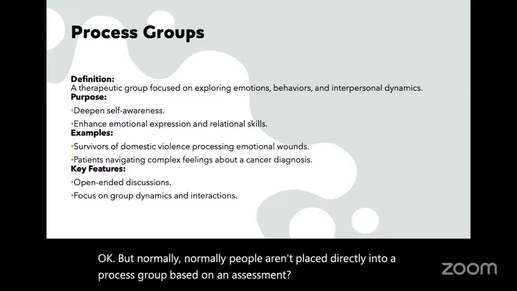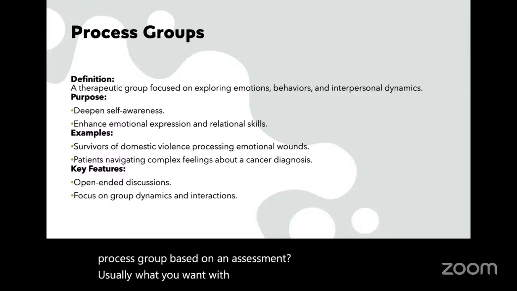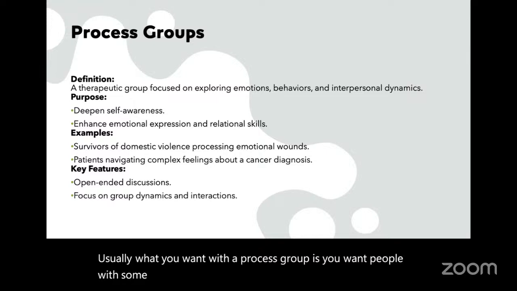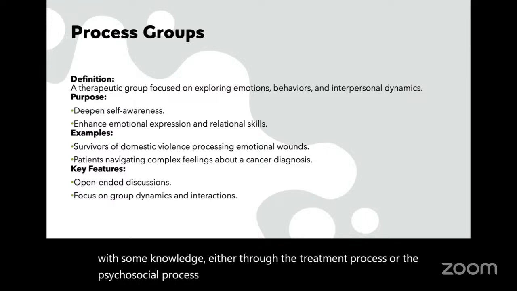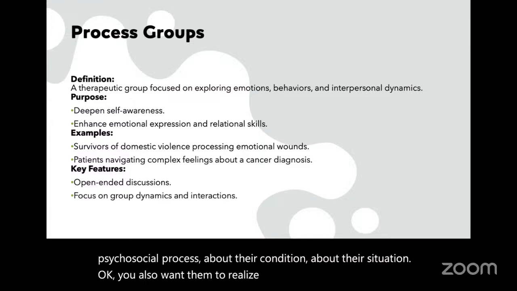Usually what you want with a process group is you want people with some knowledge, either through the treatment process or the psychosocial process, about their condition, about their situation. Okay. You also want them to realize that they're not alone at this point.